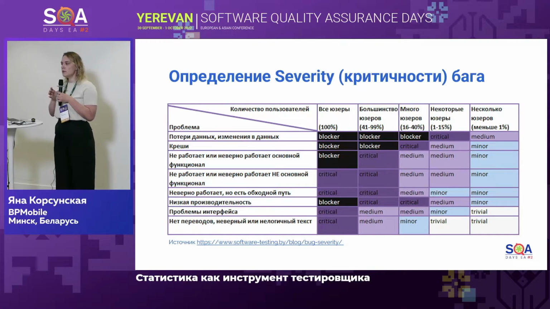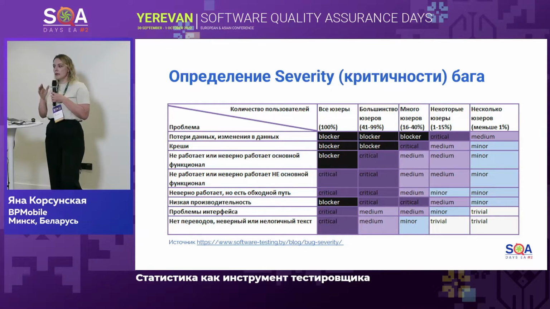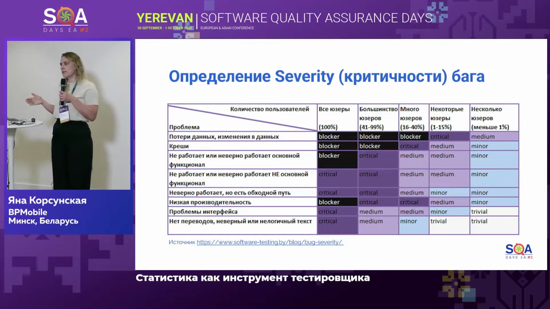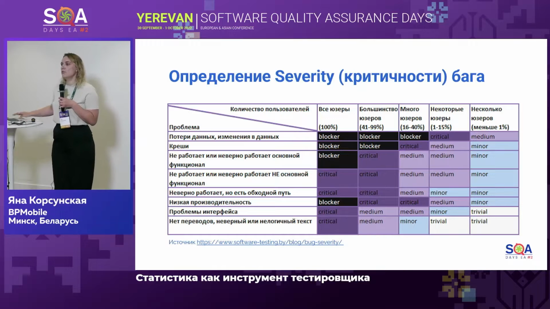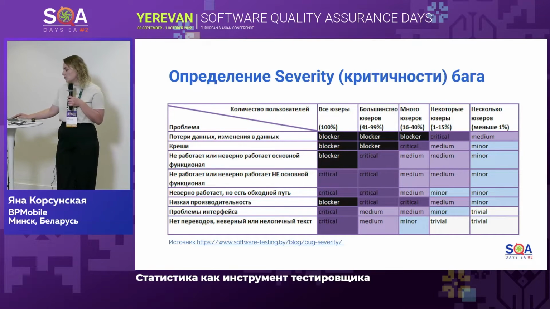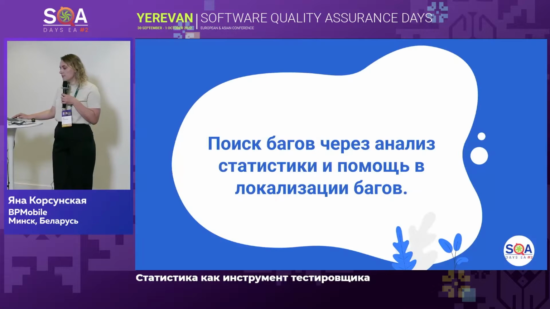So one of the ways to deal with that is to adjust the severity definition based on the number of users that will notice it. Again, there are functional or non-functional bugs. You can read more about that in the article following the link in the slide.